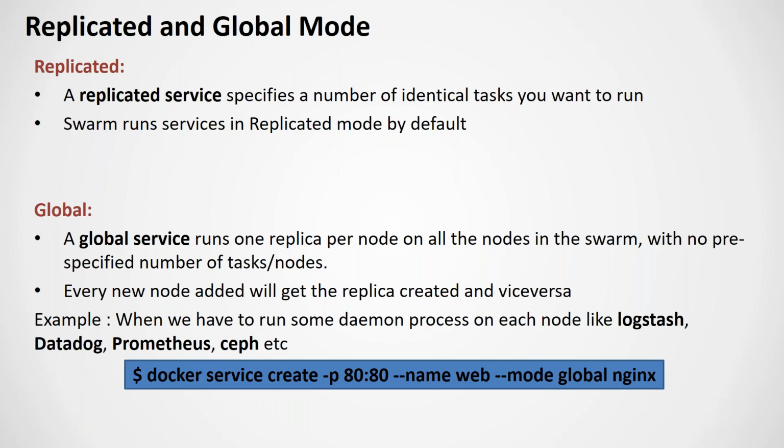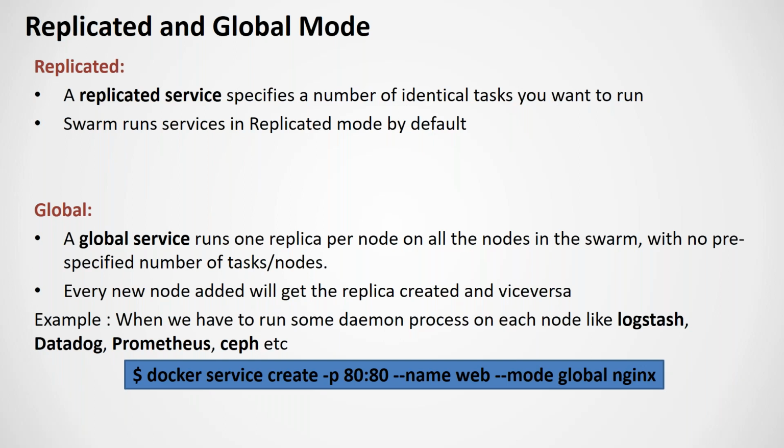Suppose I say, hey service, I want to have 2 replicas, or scale it to 2 or 3. Here you are defining it. So the duty of the swarm is to maintain the state of exactly how many replicas you want. The service by default runs in a mode called replicated mode. What replicated mode means is that exactly as many replicas as you wanted is what it is going to maintain. So that is the default one.